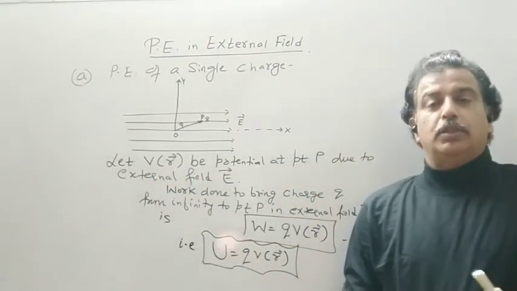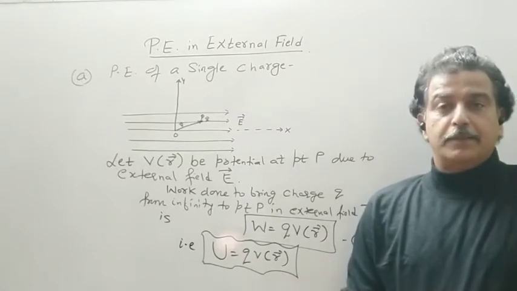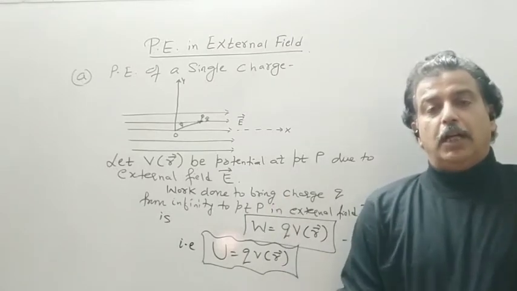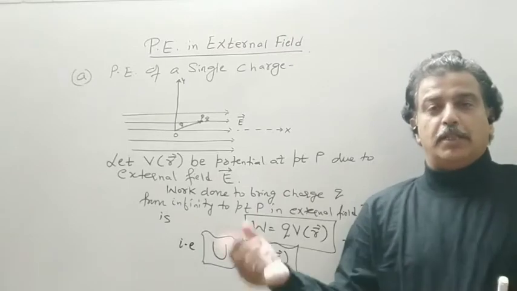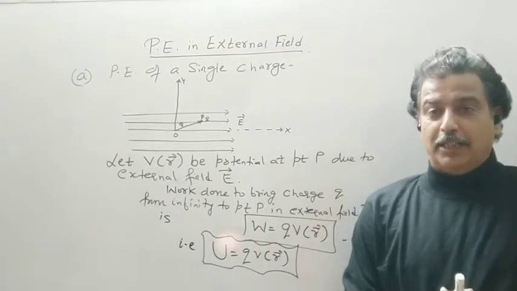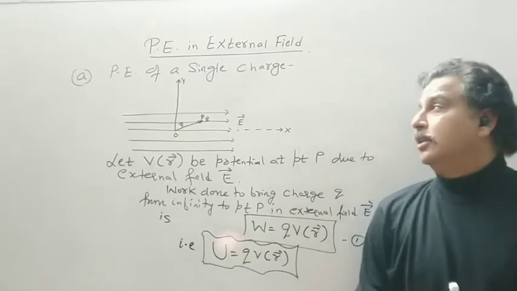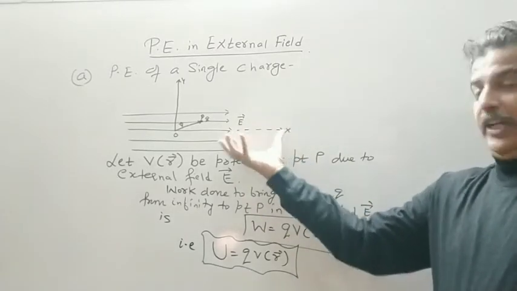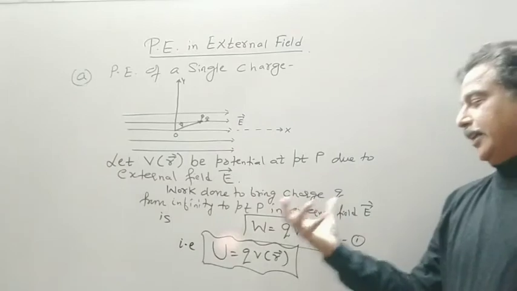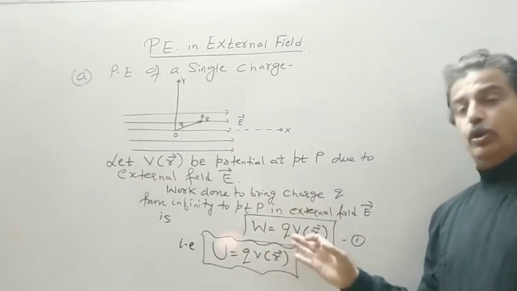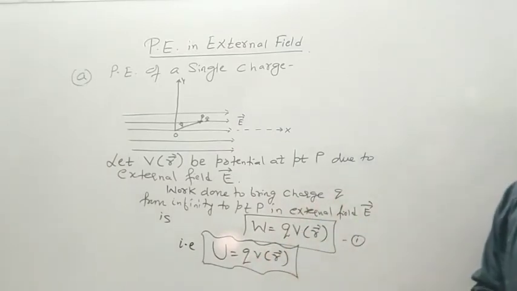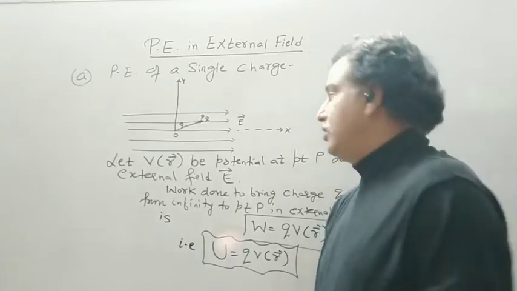There the source was a point charge and we brought a unit positive charge or Q charge in the field of the source charge capital Q. Instead of that point charge as a source, we have an external field. So the answer comes out to be Q into V of R. So this is the potential energy of a single charge.